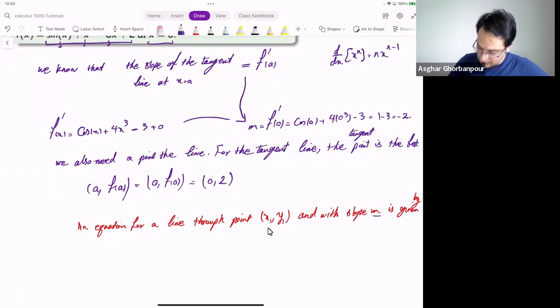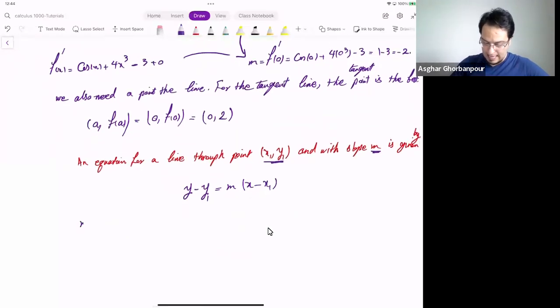So you have the slope, you have a point, so you write y minus the second component of that point, y1, equals slope times x minus the first component.